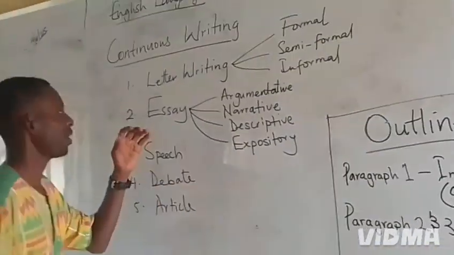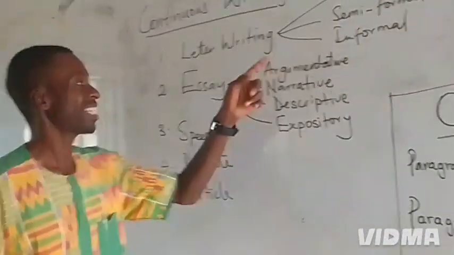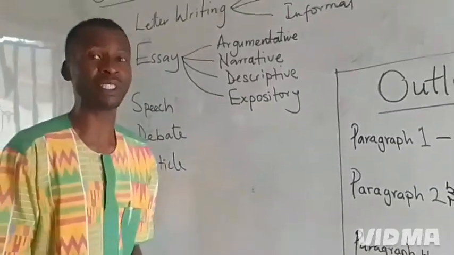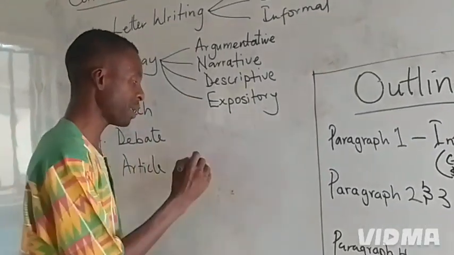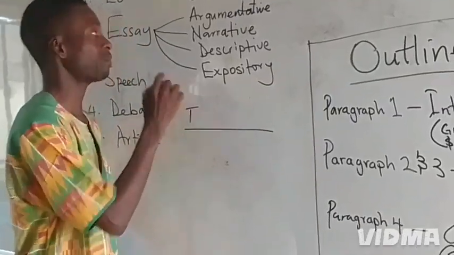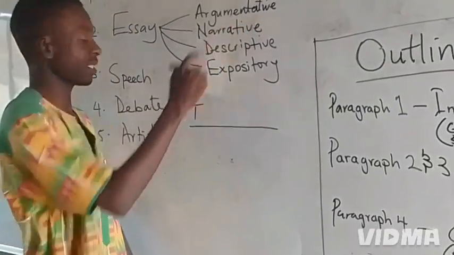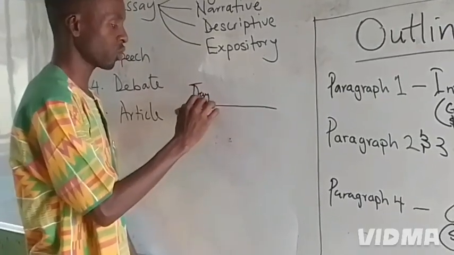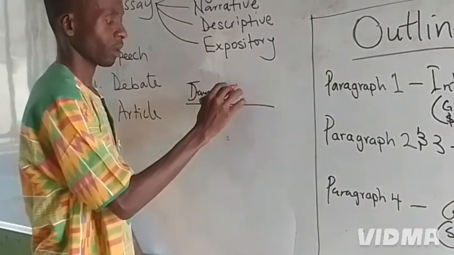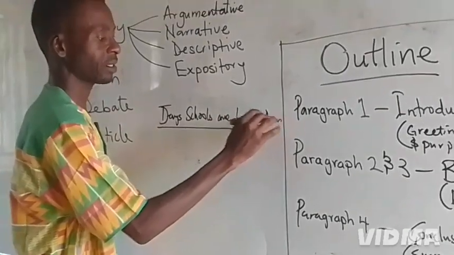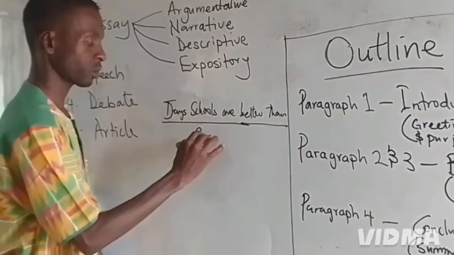Are we good? Now, in the essay part, these 4, before you start, it must have a title. The title simply means whatever you're writing, like, argumentative essay: Day schools are better than boarding school.